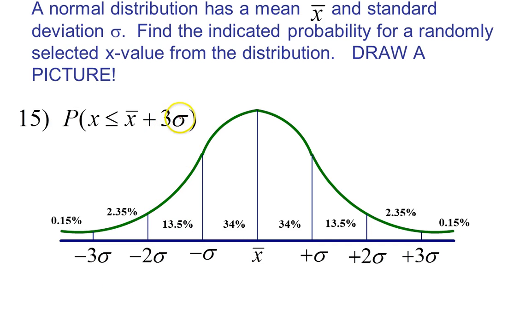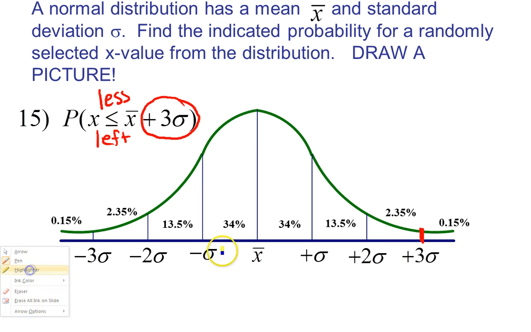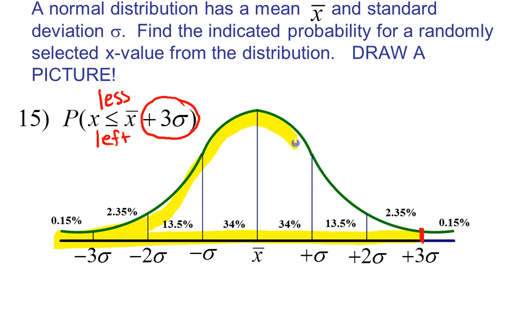Alright, look at number 15. Focus on the positive 3 standard deviations. That means we're looking at this spot right here, 3 standard deviations to the right of the mean. This is a less than or equal to symbol, which means we are looking to the left. Okay, to the left of here. So that's going to be like this, to the left. Alright, it's a big area. So we're talking about everything over here.